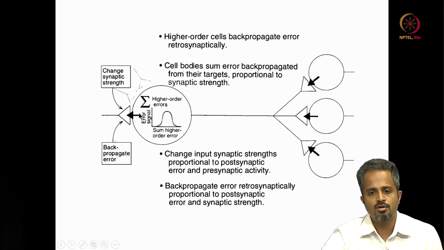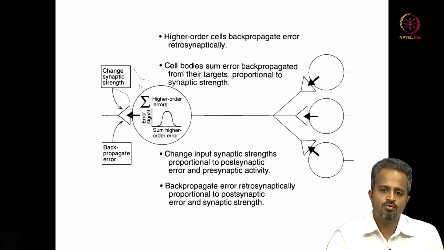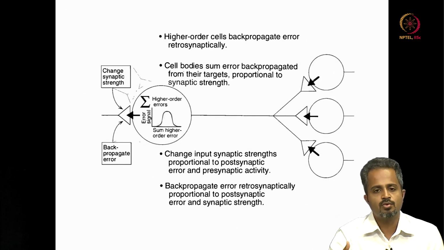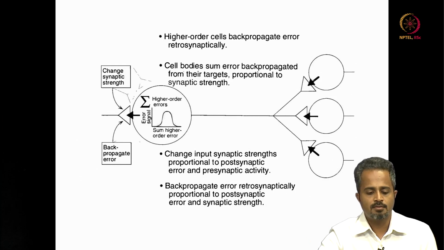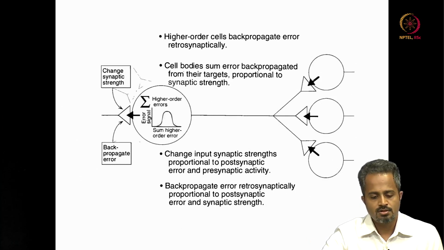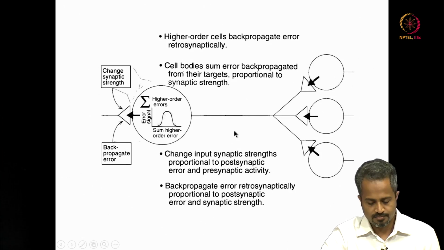This has a huge role in motor learning. When a child learns to move in a particular way to reach a particular object, this is how it happens. That brings out a huge change in synaptic plasticity. So the cell body sums up the error which has been back propagated from its targets, and proportional to synaptic strength the output is modified.